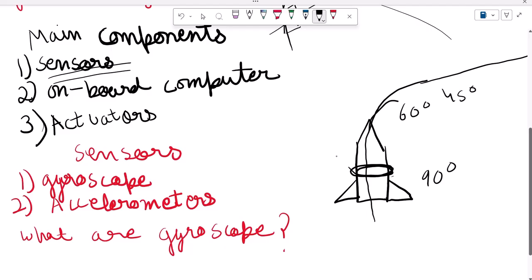Suppose our satellite is deployed in the orbit of the Earth. This is Earth's orbit, and this is our Earth. It is like a slingshot method. Let's talk about the Mangalyaan mission.